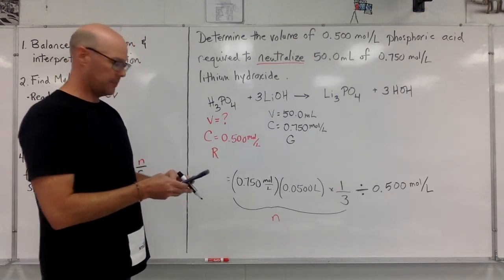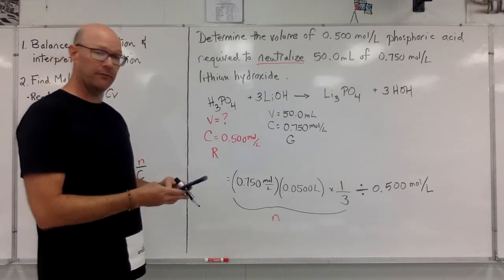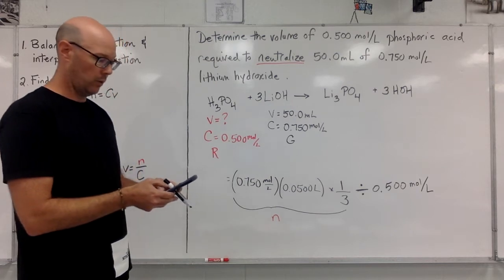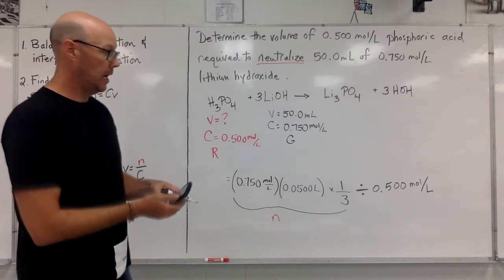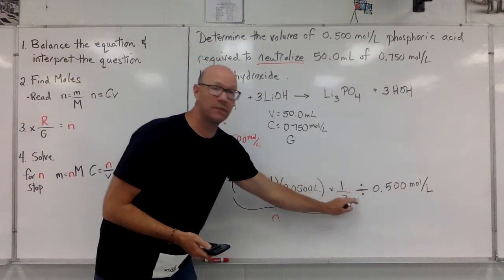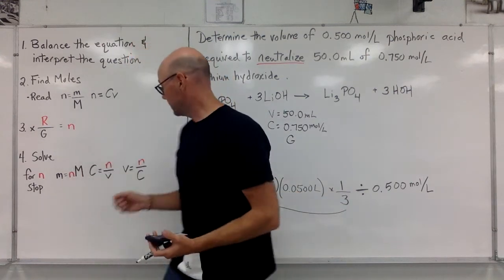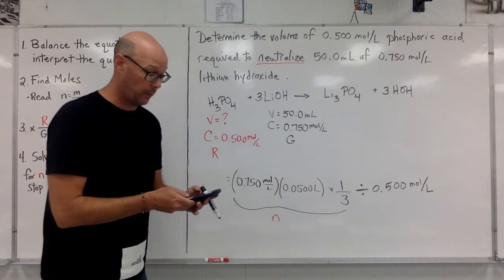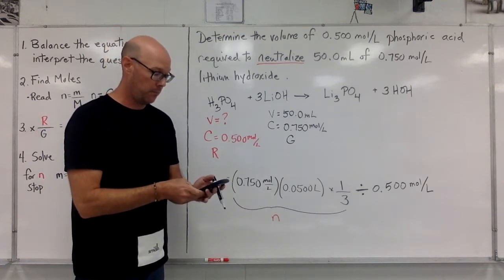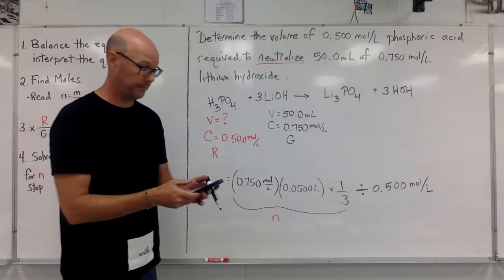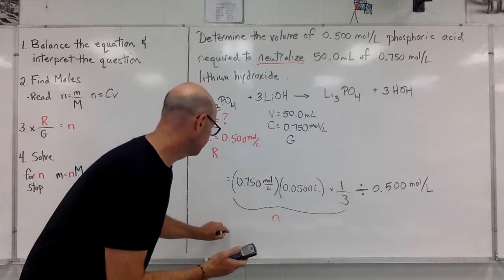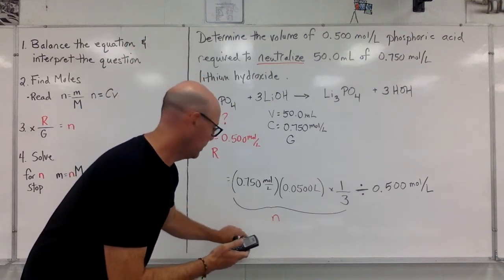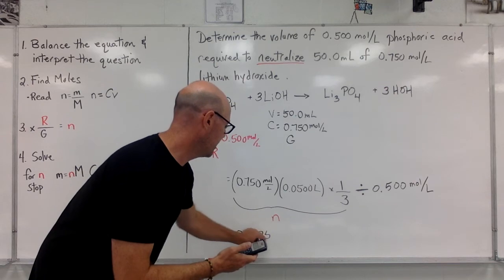0.75 times 0.05 times 1 on 3, divided by, big heads up, that's a divide right there because we're dividing by the concentration. It's so easy to accidentally multiply one more time. Divide by 0.500. This equals 0.025.